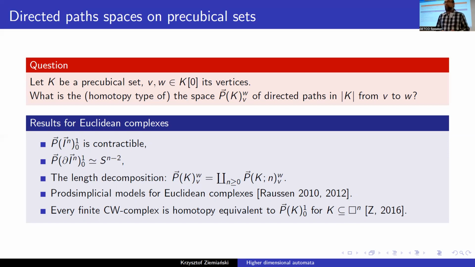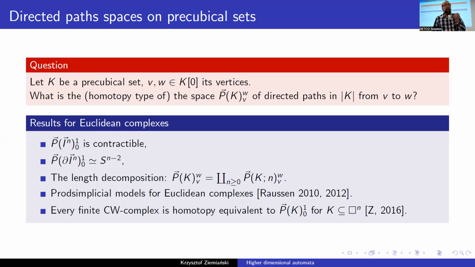And I'd like to mention a model due to Martin Raussen, as the earlier results were also proven first by Martin, I believe. There is a prosimplicial model which allows calculation for Euclidean complexes to be more precise. If you have a cube and some rectangular areas removed in it, you can construct a prosimplicial complex which represents the homotopy type of the given space.